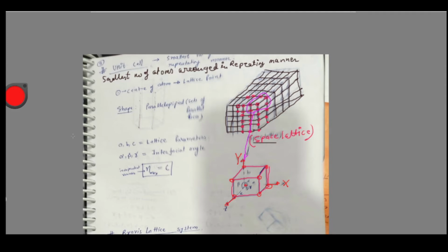In this unit cell we will define a, b, c and alpha, beta, gamma.